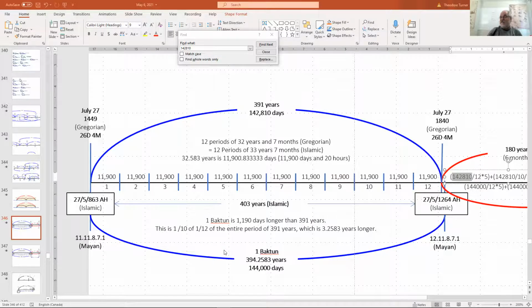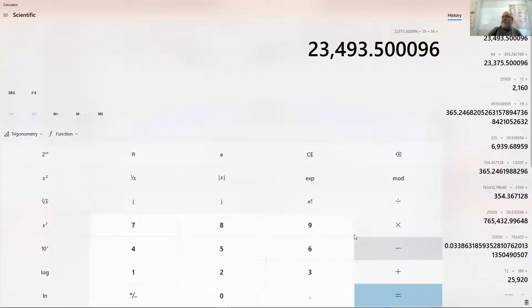Okay, so the number here, I'm going to switch. You're not looking at my calculator, so. Okay, so this is the number of days. Whoops, I didn't share that properly. Roughly.